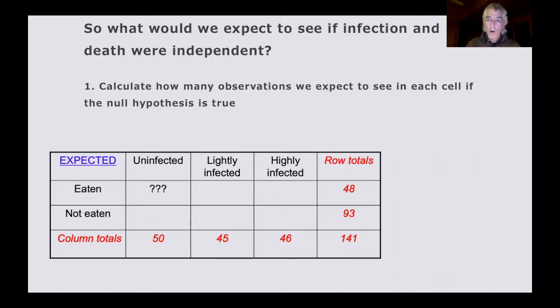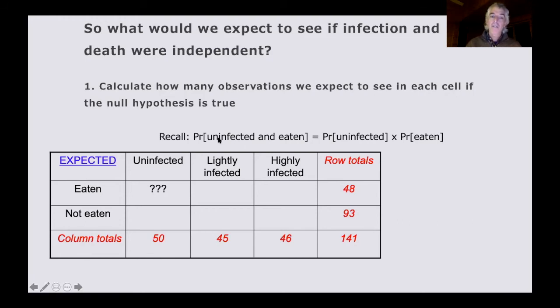Now, if you recall from our video on probabilities, you'll know that when the probability of infection is independent of the probability of being eaten, then we can calculate the probability of a fish being uninfected and being eaten as the probability of it being uninfected multiplied by the probability of it being eaten. And this is exactly what we want to calculate. We want to calculate this probability assuming that these 2 processes are independent of one another.